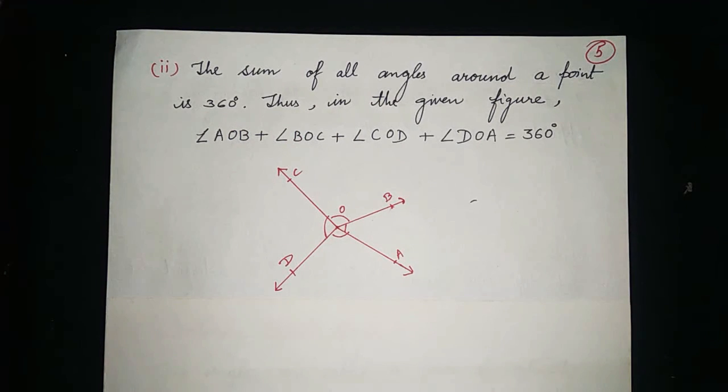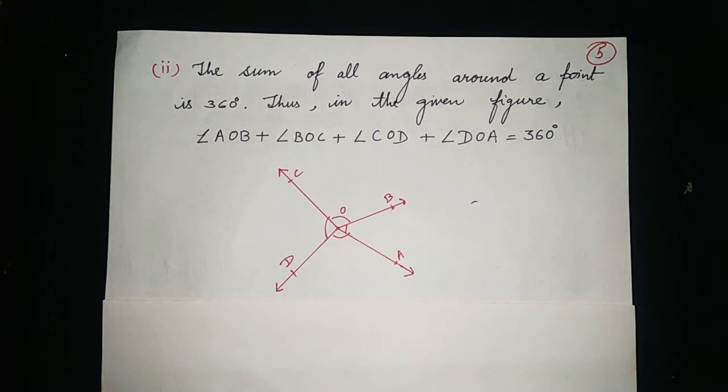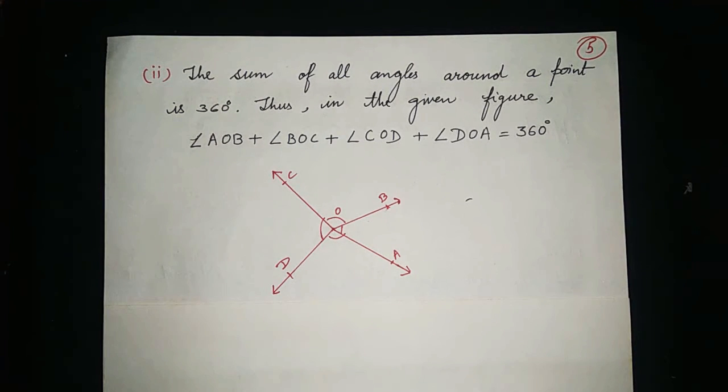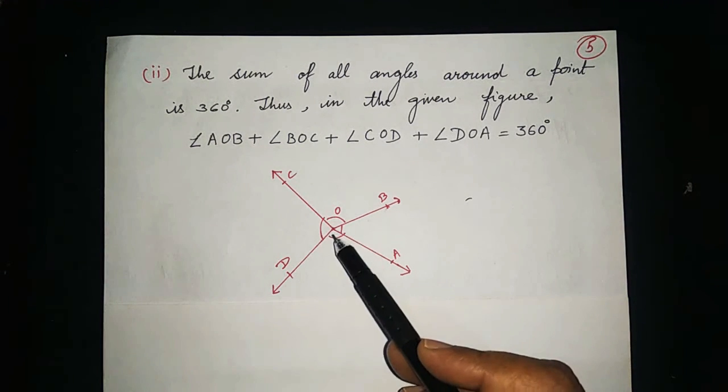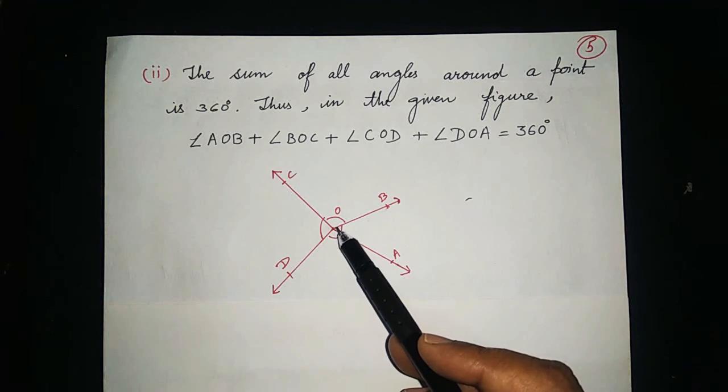Children, I have just told you what happens when the angles form on a straight line. Okay? Now I will tell you what happens when some angles form at a point.